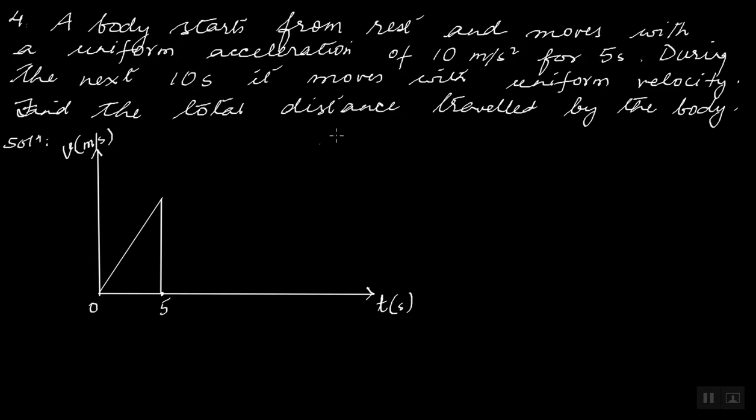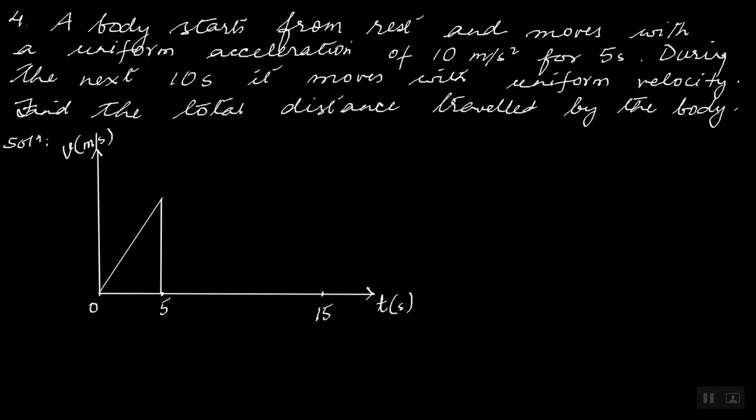Okay, and then after that it moves during the next 10 seconds with uniform velocity. So now from here it goes uniformly during the next 10 seconds. So let's say till here 10 seconds, that means from here till here 10 seconds, so this point will be 15.